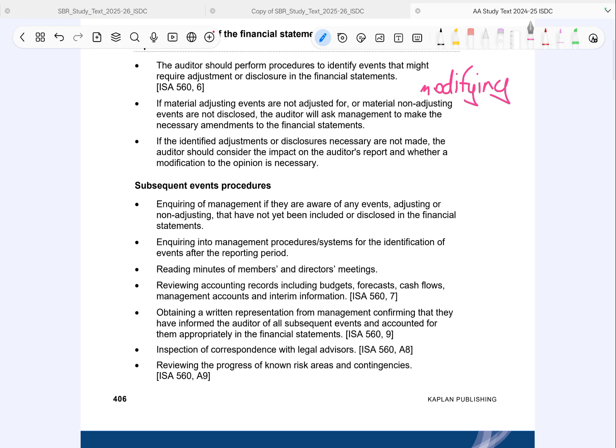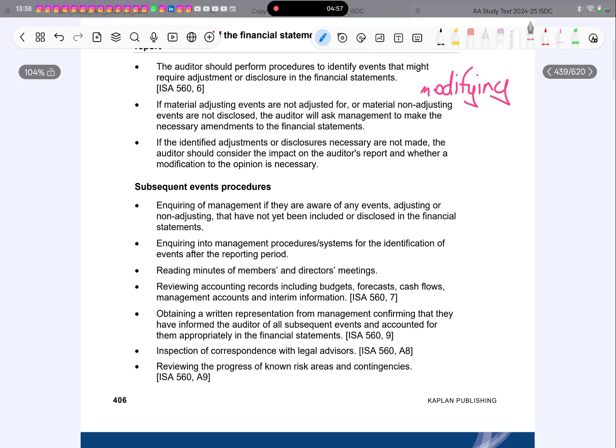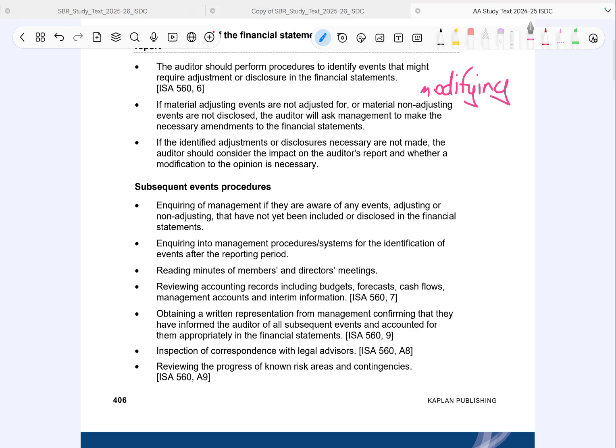Fourth, review financial data: budgets, forecasts, cash flows, management accounts, basically anything that gives us updated insight. Fifth, get a written confirmation. Management has to confirm they've told us everything and accounted for it properly. And lastly, check legal correspondence and ongoing risk of contingencies. So, overall, don't just memorize, understand the logic.